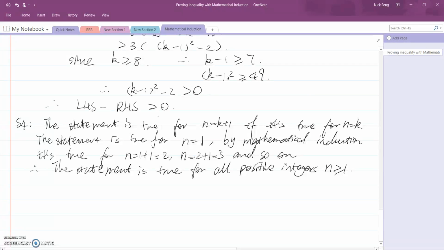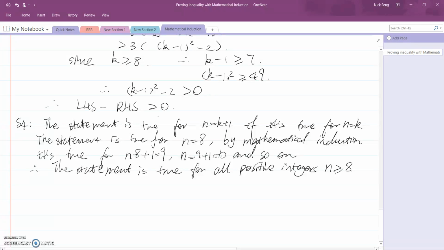Alright, true for n equals k plus 1 if true for n equals k, and it's true for n equals 8 first. Therefore, it's true for n equals 8 plus 1 equals 9, 9 plus 1 equals 10. And therefore, it's true for all integers greater or equal to 8.